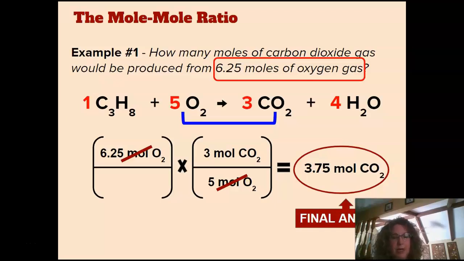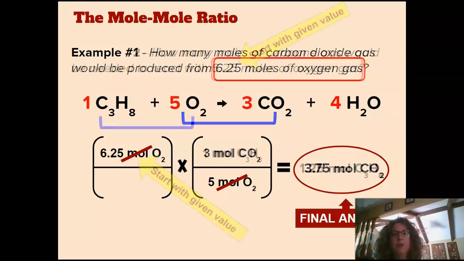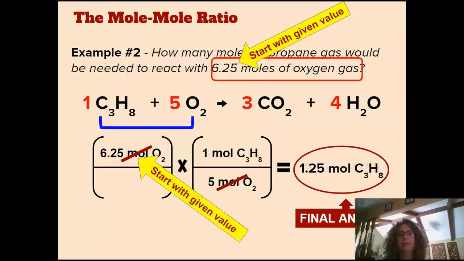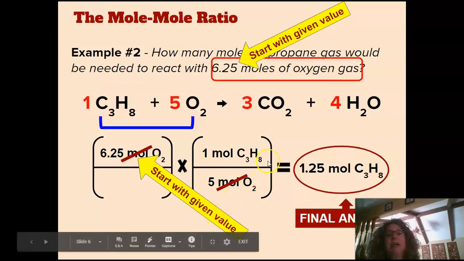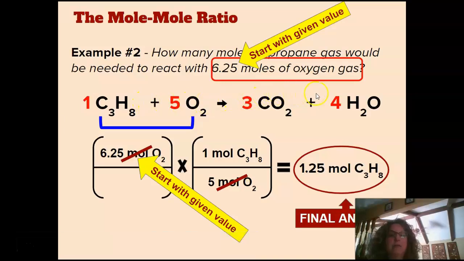The next sample problem I'm going to show you also is on your note page. I just don't have the transitions working the same way, so this is the whole thing at once. The second problem still uses the combustion reaction for propane, but I've asked a different question.